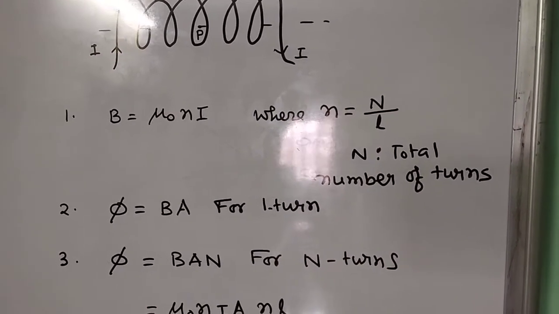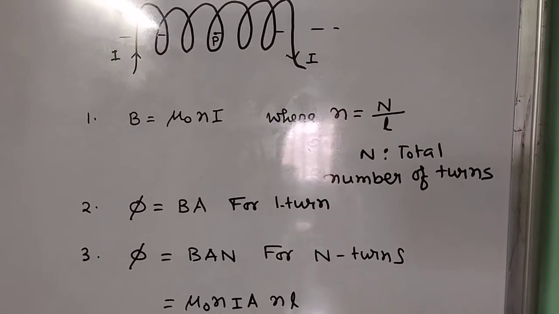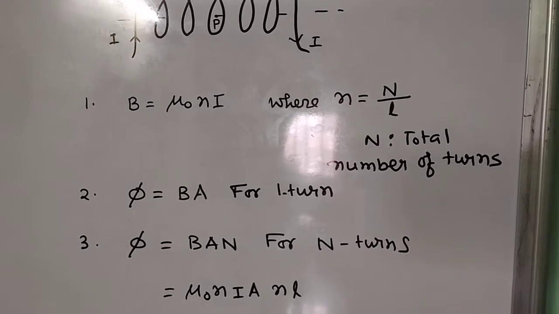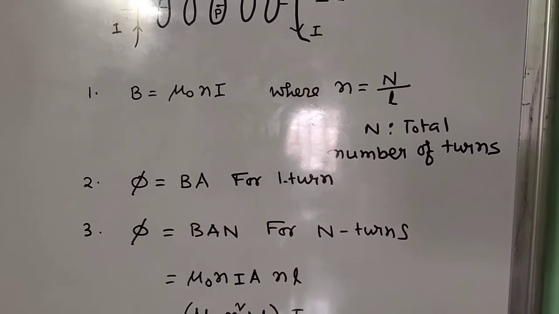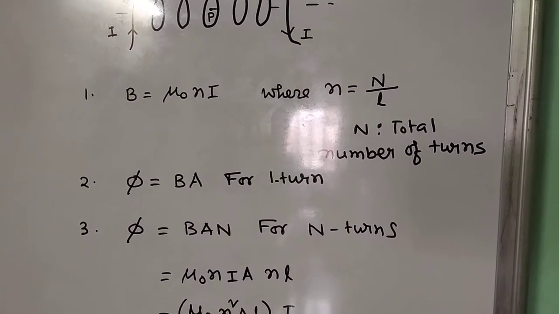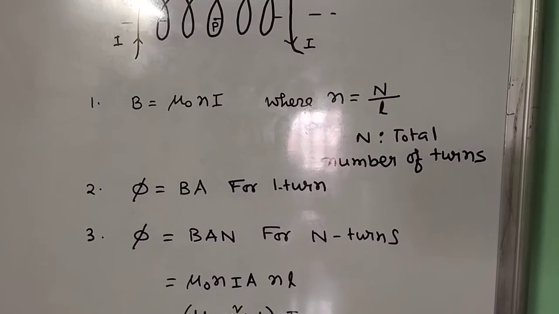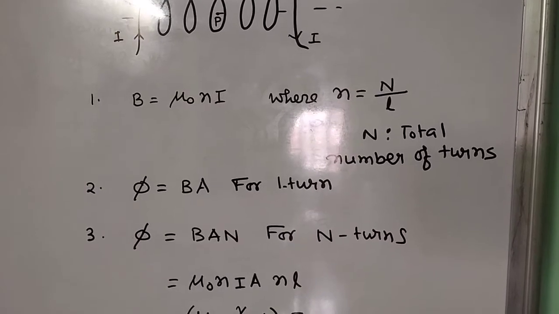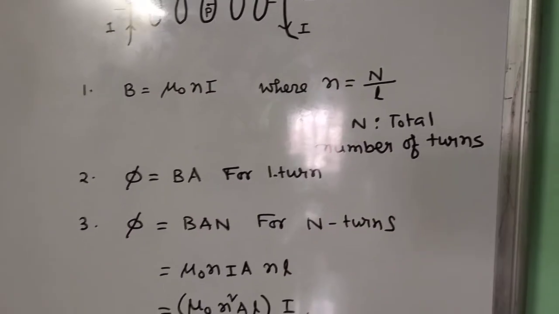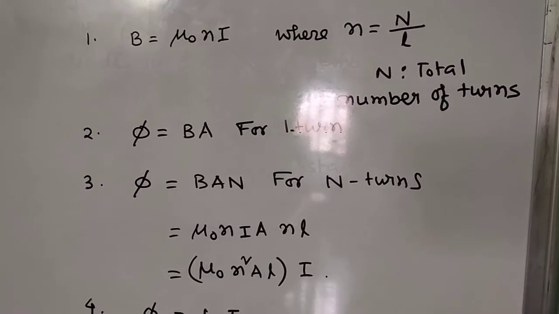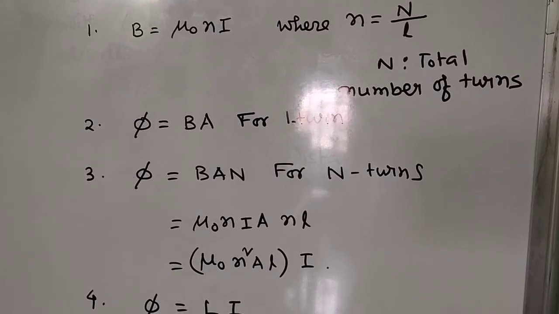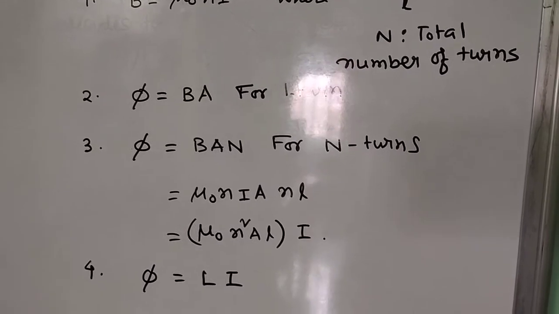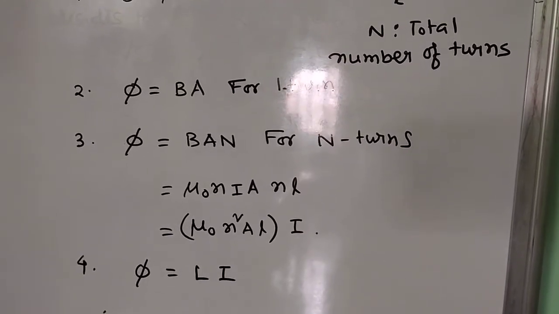If for a single turn the flux is phi equal to BA, then for capital N turns it's phi equal to BAN. Now B value is your mu naught n I, A is already there, area of the loop of the solenoid, and capital N is your small n into L. Now if we simplify, it comes out to be your mu naught n square A L within bracket capital I. Now this is the master equation.